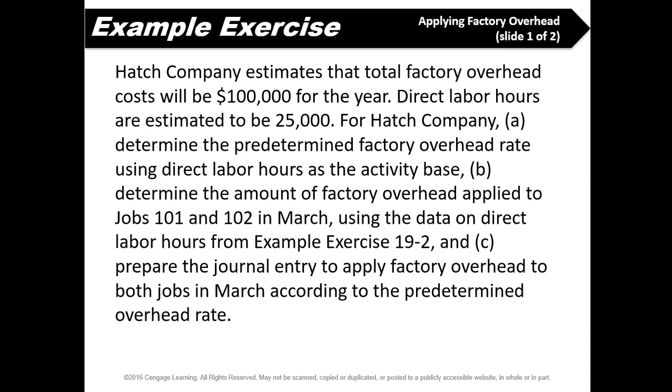All right, so the first thing, let's look at the predetermined overhead rate. We're using direct labor hours as our activity base. For this coming year, I'm estimating I should have total factory overhead, total actual costs of $100,000. I should have total direct labor hours of 25,000.